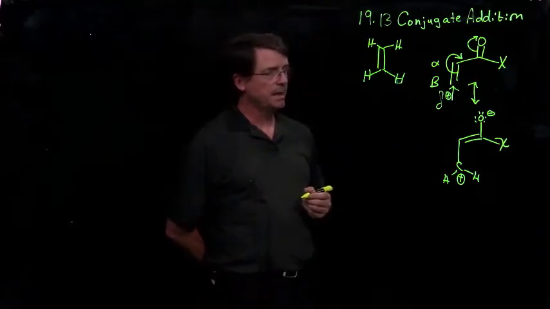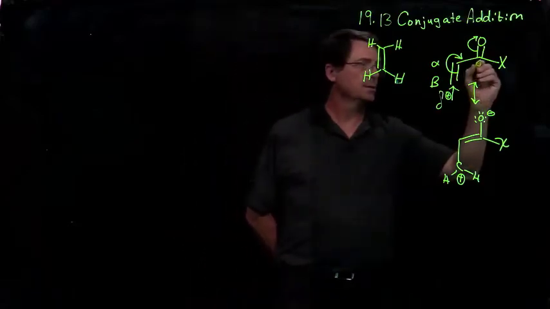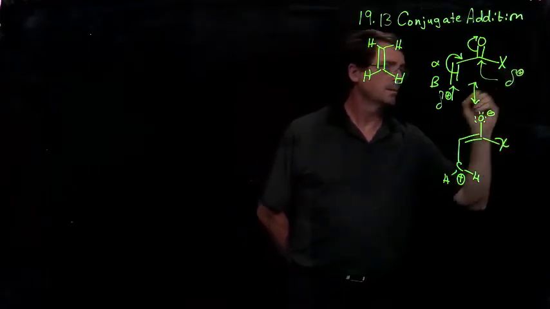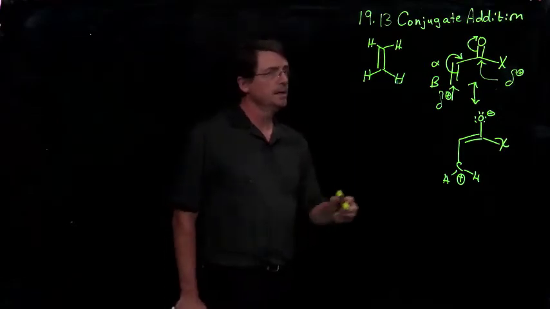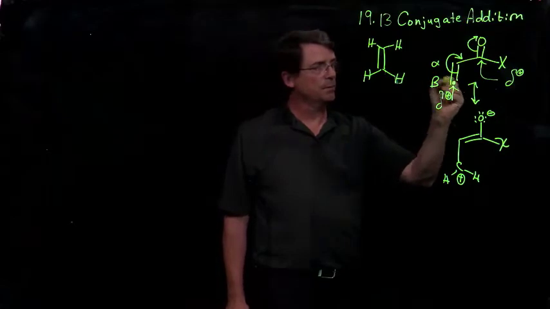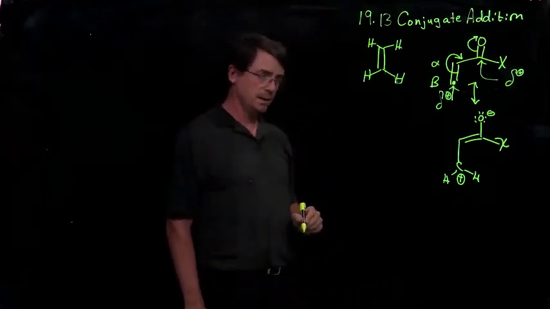So we actually have two positions in an alpha-beta unsaturated carbonyl that are partially positive. We already knew that the carbonyl carbon carried a partial positive charge and was electrophilic. The alpha-beta unsaturated compound is also electrophilic and has a partial positive charge at the beta carbon.